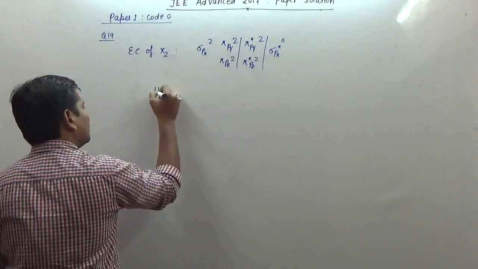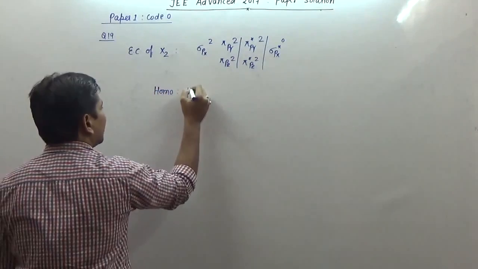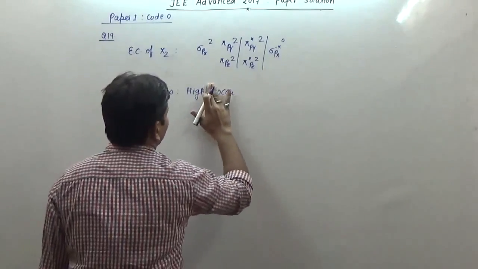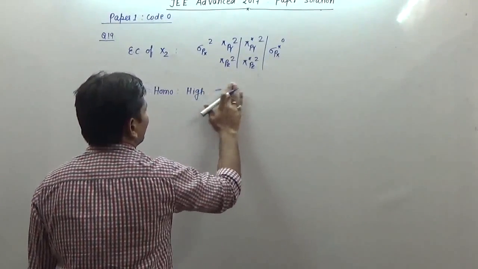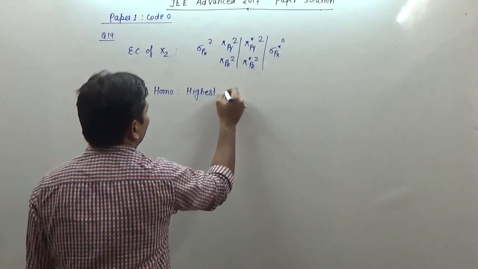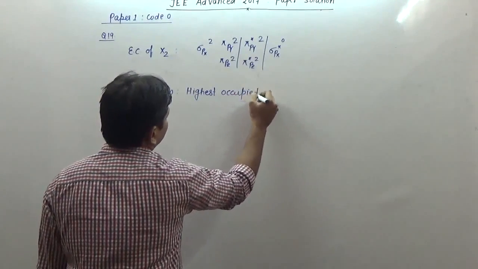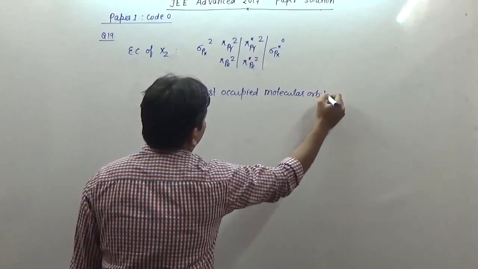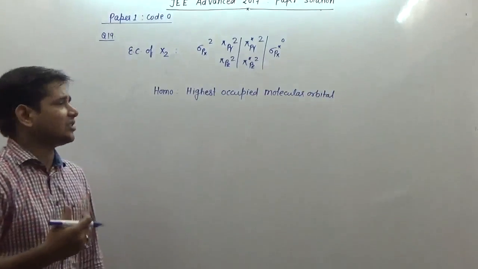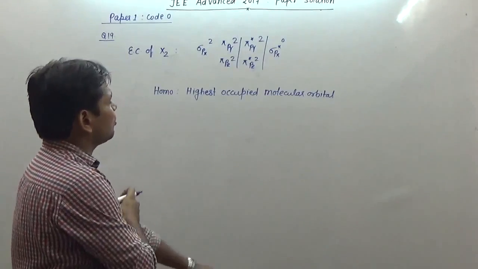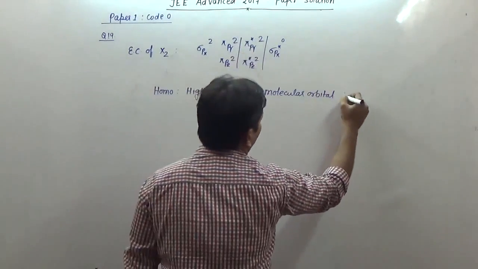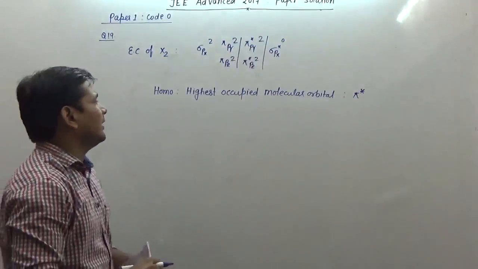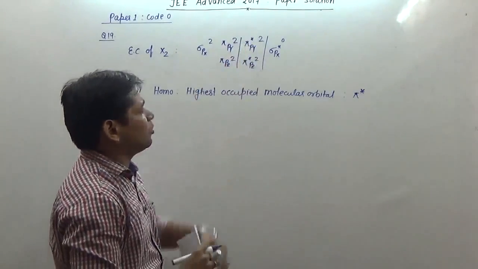If you look at the HOMO, what does HOMO mean? HOMO means highest occupied molecular orbital. Basically, it is the molecular orbital which has the highest energy and is occupied. You can easily see that the highest occupied molecular orbital is pi star py. That is the molecular orbital with the highest energy occupied by electrons.